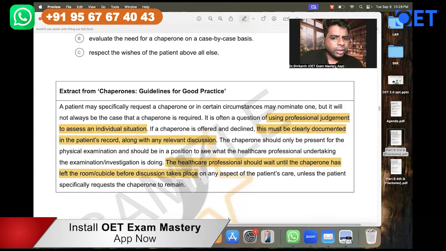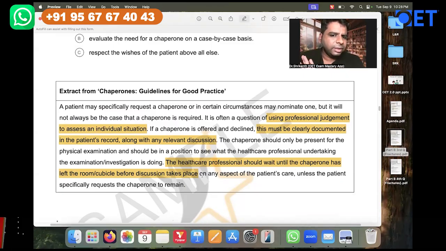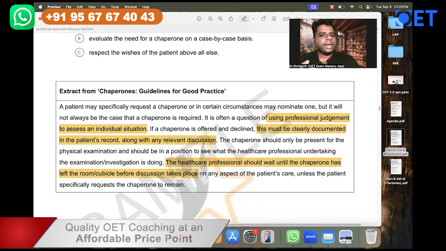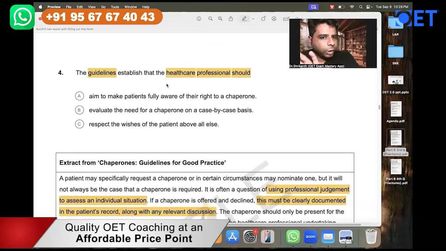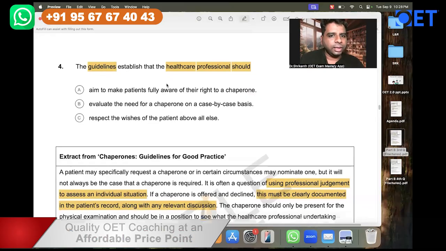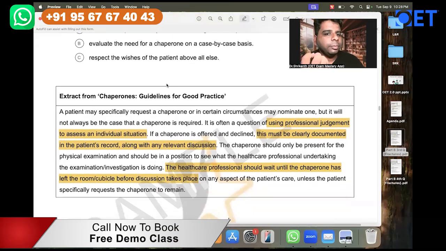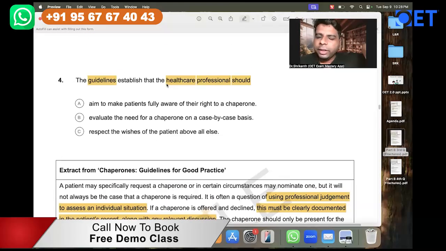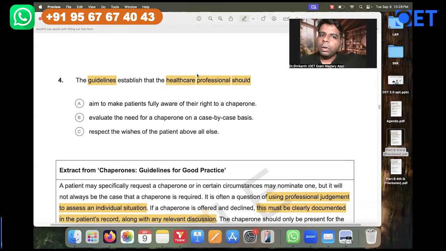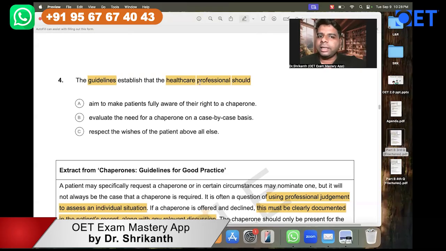Now over here, this is enough. It is basically an extension of this information, right? So this is how you have to scan and skim. If you understand the question very thoroughly, and you give 2 or 3 seconds extra to the question, it will help you save a lot of time in the paragraph. Because you know my duty is to find out what is expected from the healthcare professional.